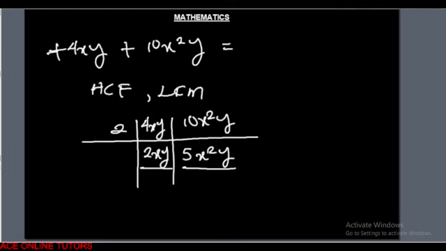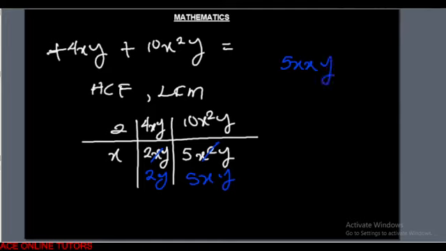We have x can divide. If x divides this, x will go, we are left with 2y. If x divides this, 1x will go, we are left with 5xy. Don't forget that 5x square y is 5x, x and y. So when 1x goes, we are left with 5xy.